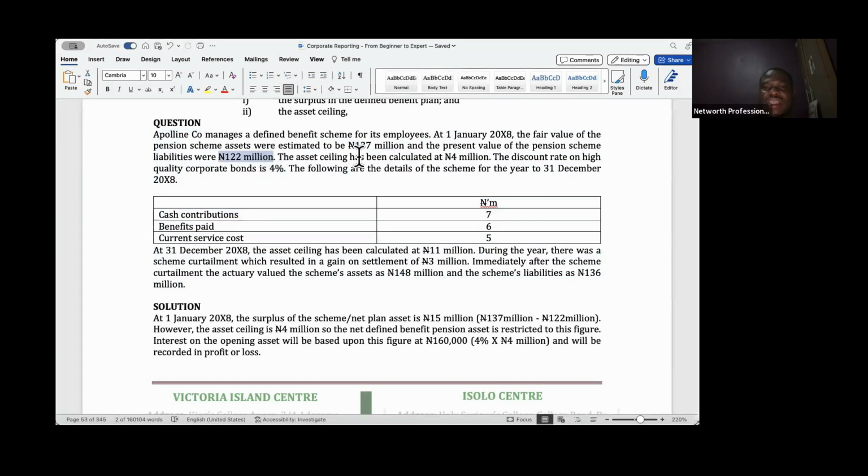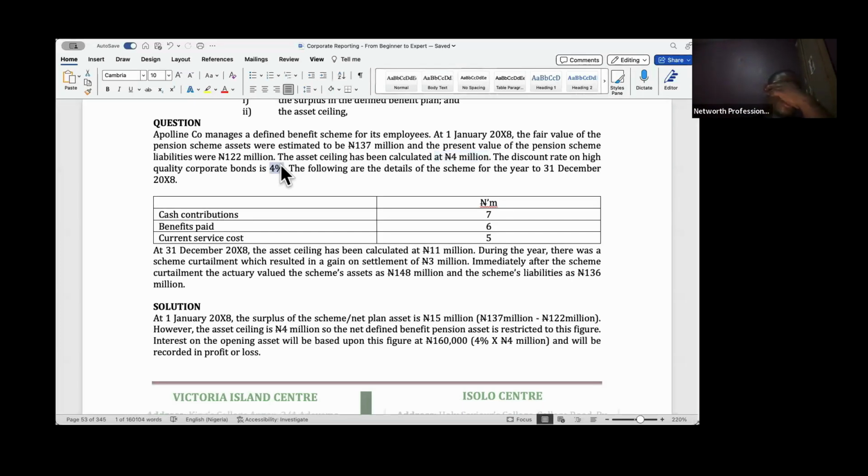They said the asset ceiling has been calculated to be 4 million. Okay, they're giving us the asset ceiling at the beginning. Maybe probably like the asset ceiling test they must have done last year. So this is the brought forward. We'll see the effects of that. And they also gave us a discount rate of 4%.